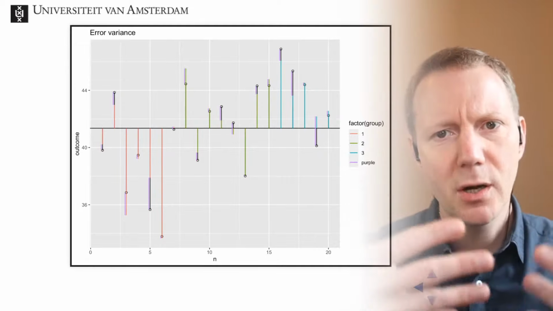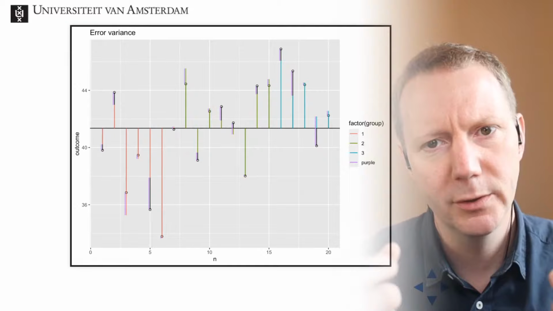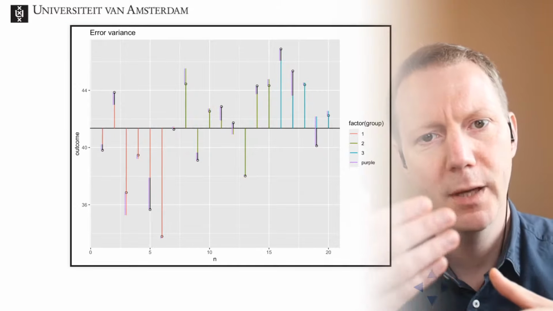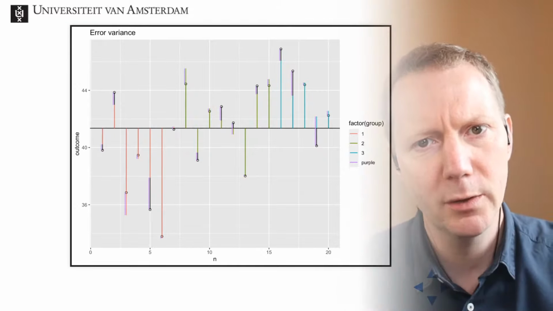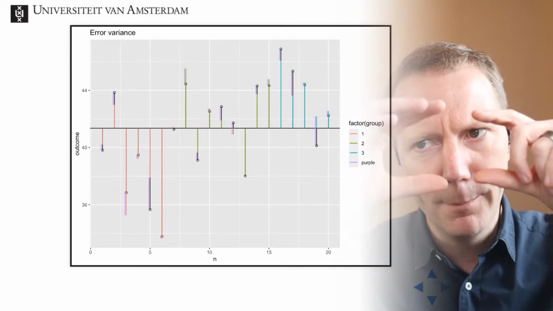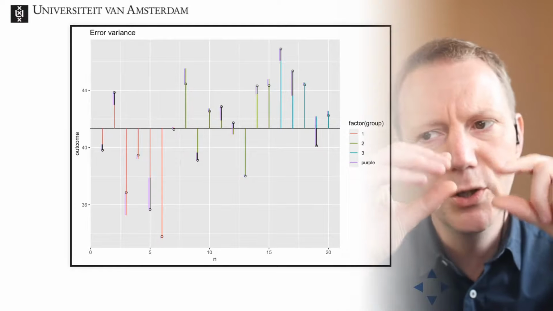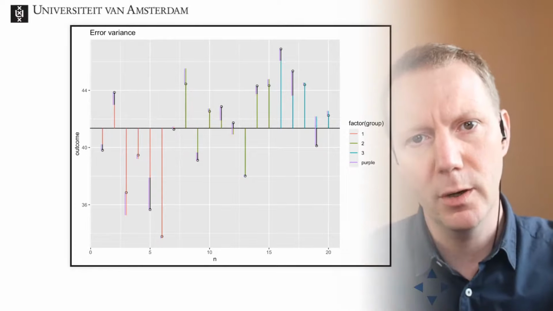The moment you start adding predictor variables and you are expanding your predictive model, your error term, if your error term shrinks, you're using the error term of the total model.